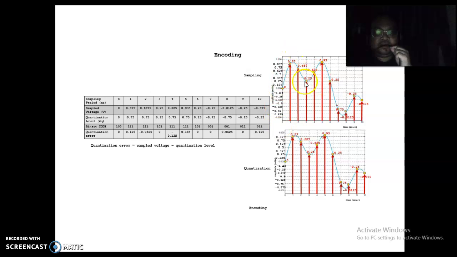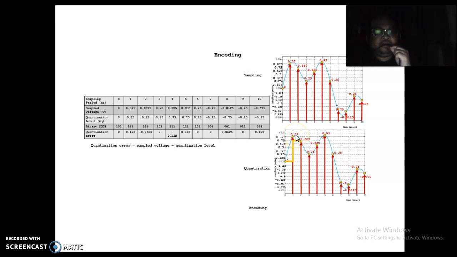So for example, this is your sampling process. In quantization, you have approximate values only. For time 0, that's 0. Then for time 2, you have quantization level 0.75. So it falls short, no?